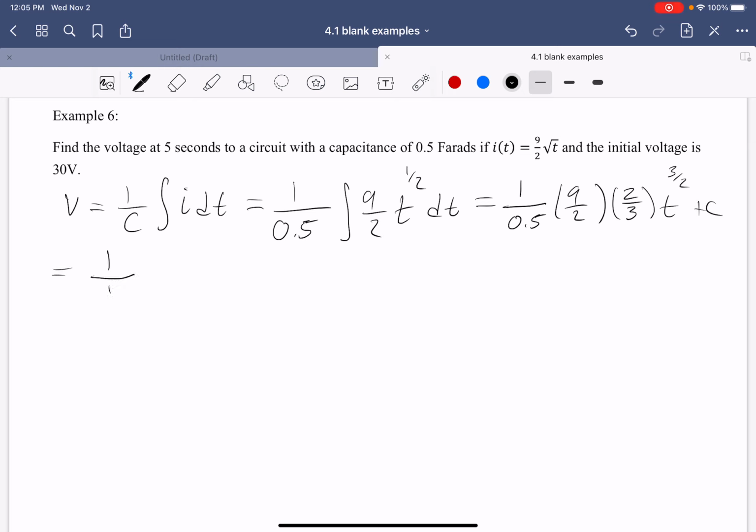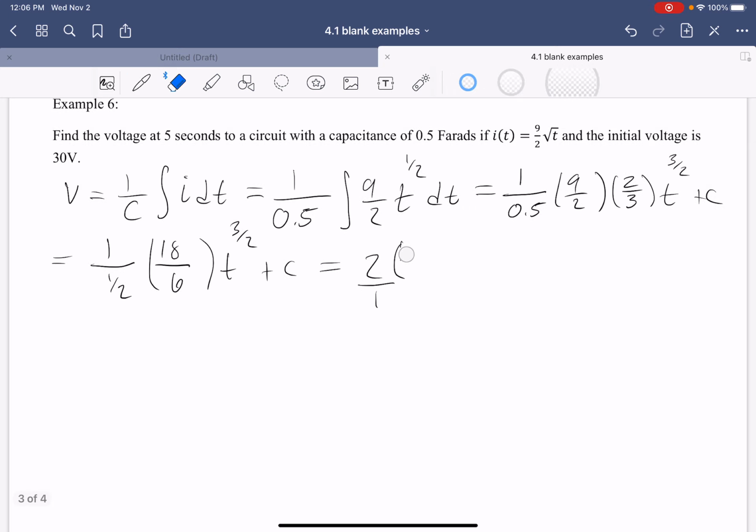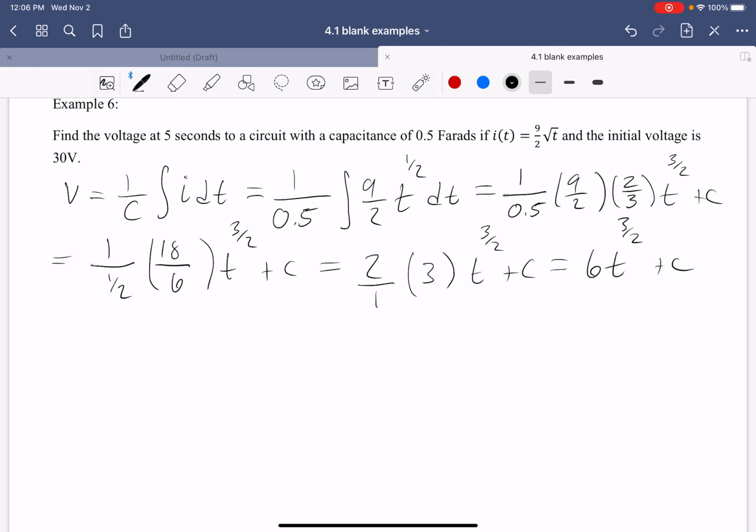Now we've got a lot of simplification here. 1 over 0.5 is 1 over 1/2. 9 times 2 is 18. 2 times 3 is 6. And we have t to the 3/2 plus c. And 1 over 1/2 is the same thing as 2 over 1, so I'm just going to flip that fraction. 18 over 6 is 3. So 6t to the 3/2 plus a constant.